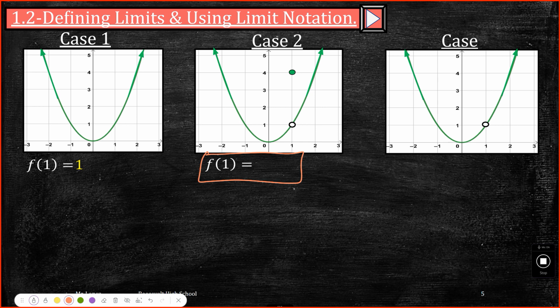Brian, where did you put it? You put it at 4. f of 1 is 4 in this situation, but you were supposed to put it here so this thing could be continuous. So in this situation, f of 1 is what, Brian? 4.